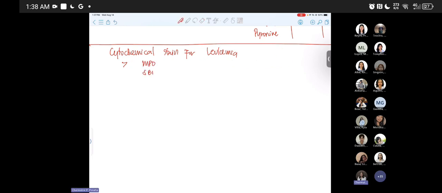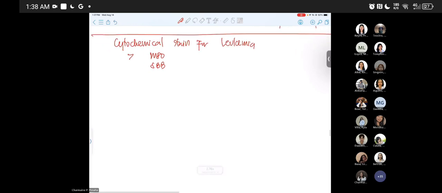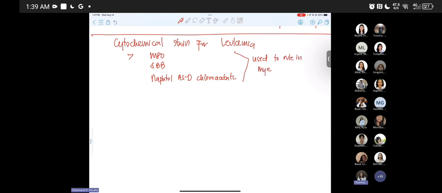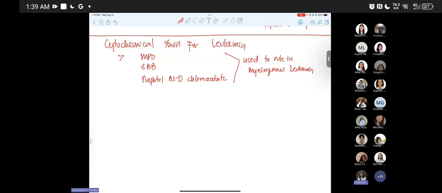MPO, SBB, naphtol, chloroacetate. Itong tatlong to, ginagamit to, this is used to rule in myelogenous leukemia. Okay, so si MPO and SBB, ito yung mga cytochemical stain used to rule in myelogenous leukemia.